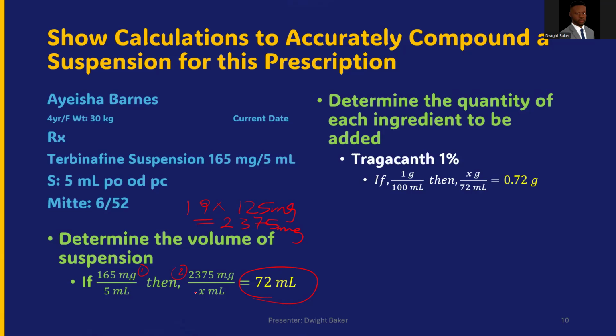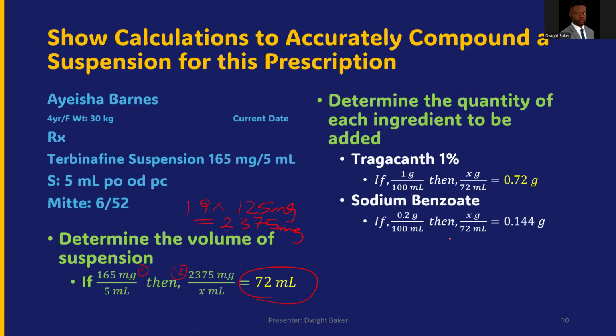So I use 1% instead. You work that out in terms of the final volume of 72 mils. So 1 gram in 100 mil, that is what that 1% means. You determine how much you're going to have in the 72 mils and you get 0.72 grams of tragacanth.